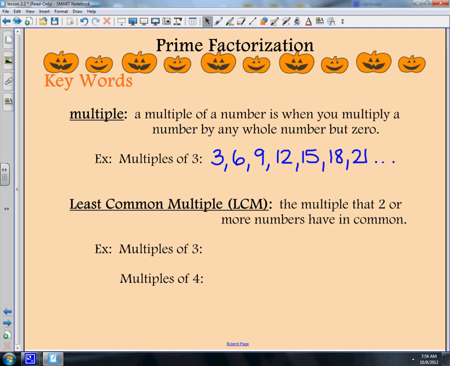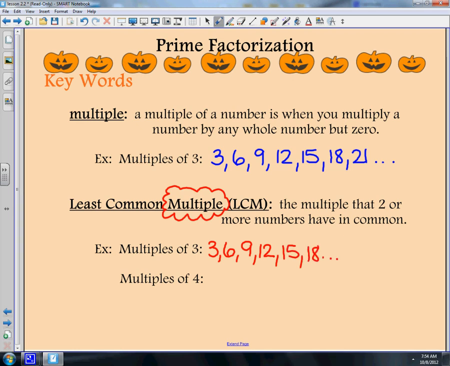The least common multiple is the multiple that 2 or more numbers have in common. So multiple, think of this word again, multiple. And I want to multiply my numbers. So I have 3, 6, 9, 12, 15, 18, and so on.